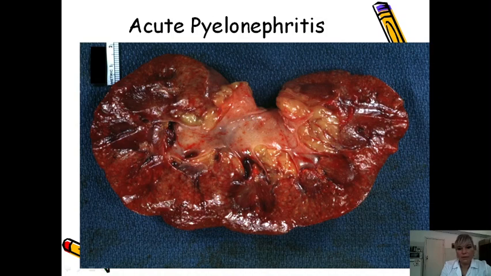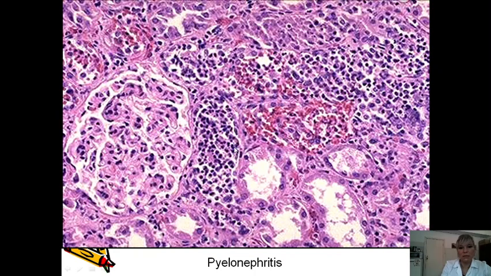We see the pelvis of the kidney affected, and histologically purulent inflammation, inflammation in the interstitium between glomeruli and tubules. With purulent inflammation, more often we see formation of abscesses, and maybe spreading of this inflammation through the blood and formation of sepsis.